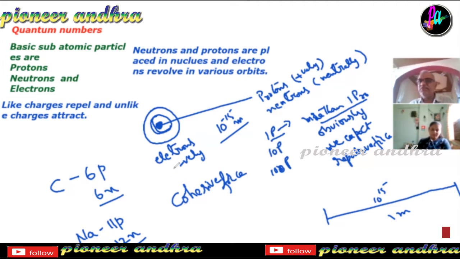Now electrons will be distributed among the orbits. See, the nucleus is like a fist, all concentrated, and electrons will be distributed like an open hand, not at one place. 2 electrons will be in the first orbit, 8 electrons in the second orbit, 18 electrons in the third orbit, and 32 electrons in the fourth orbit.